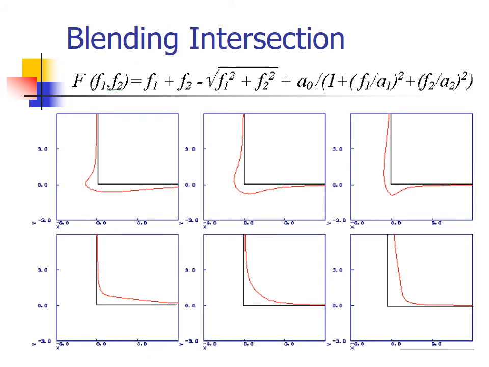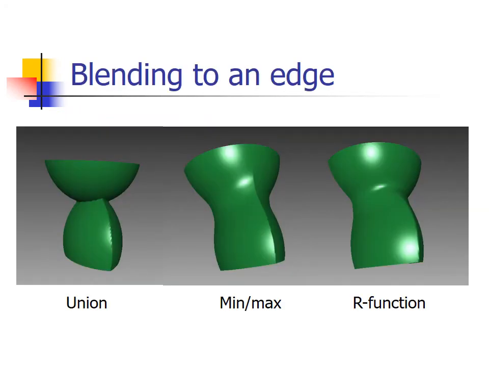By changing parameters a1 and a2, we can get different results of the operation and control addition or removal of material. You can see on this slide the example of intersection operation with different values of parameters a1 and a2. On this slide you can see the advantage of R functions as set-theoretic operations in comparison with min-max functions.